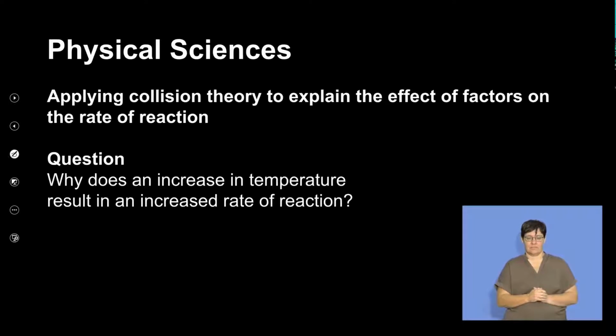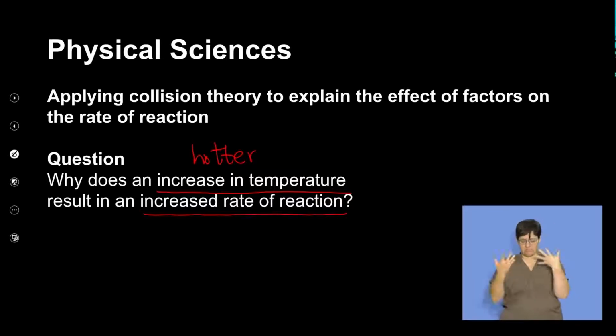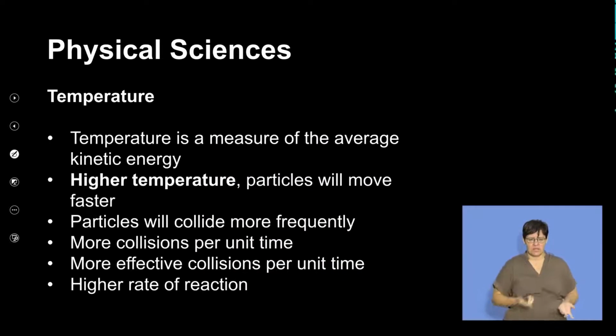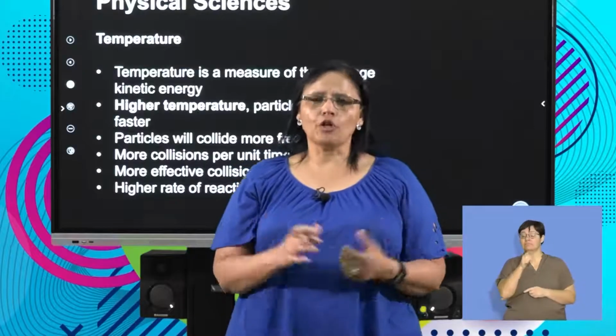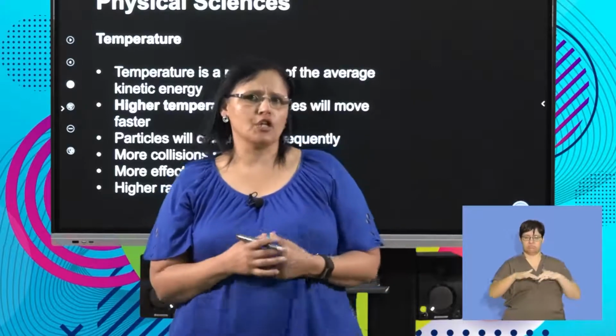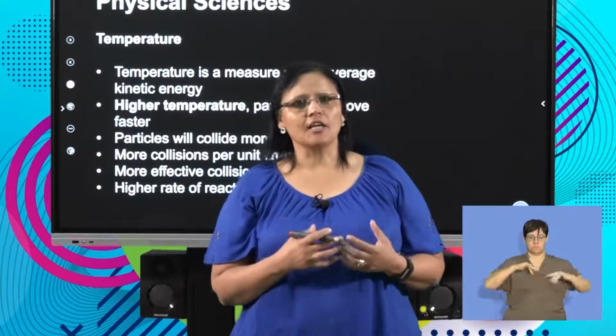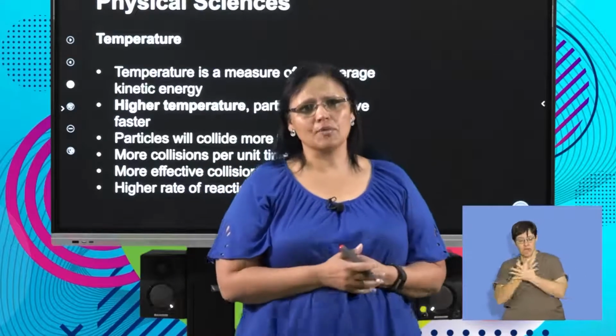The first question that I would like us to answer is, why does an increase in temperature, meaning when the temperature is hotter, why does it result in an increased rate of reaction? Now, you should remember that we said earlier that according to the collision theory, all particles are constantly in motion, and how fast or how slow they move actually is a factor of the temperature.